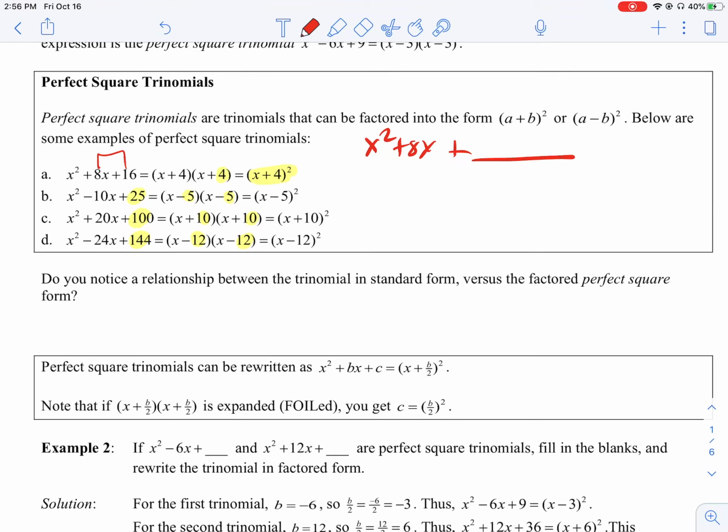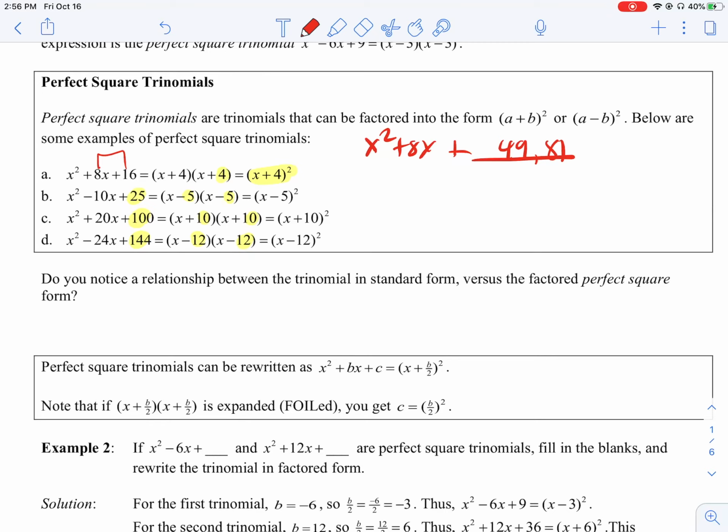We know that a c value has to be a perfect square. Now, 49 is a perfect square. Can I put 49 in there? 81 is a perfect square. Can I put 81 in there?